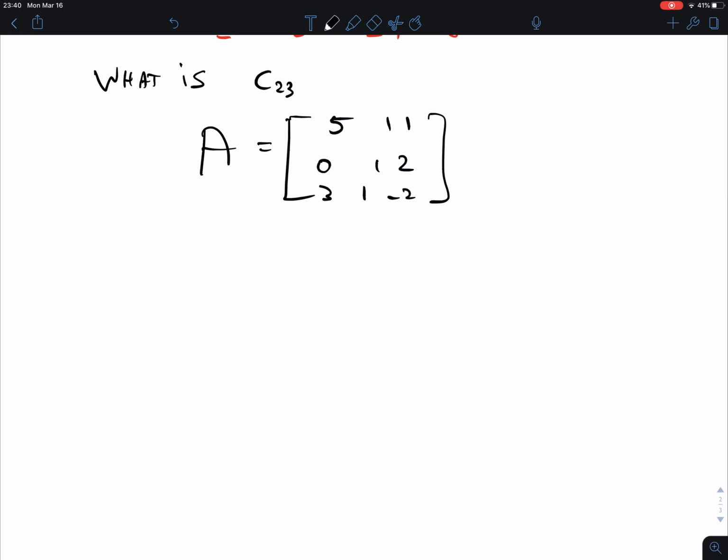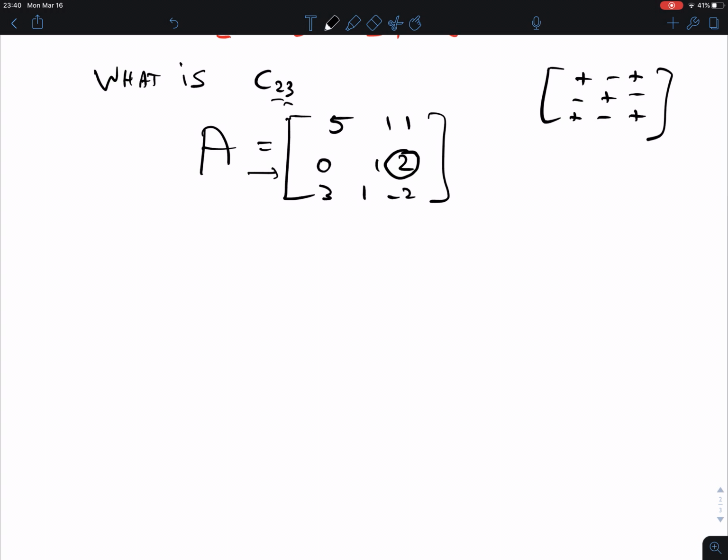Okay, C23. Just stop it and try it yourself, but I'll explain it now. C23, we're talking about the 2 means the second row, the 3 means the third column. So we're talking about this position. And to calculate C23, there are 2 things we have to do. We have to look at the pattern of the signs.